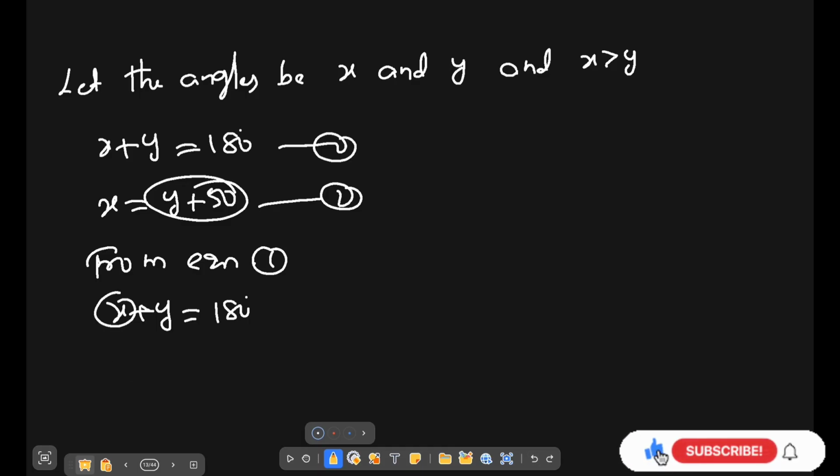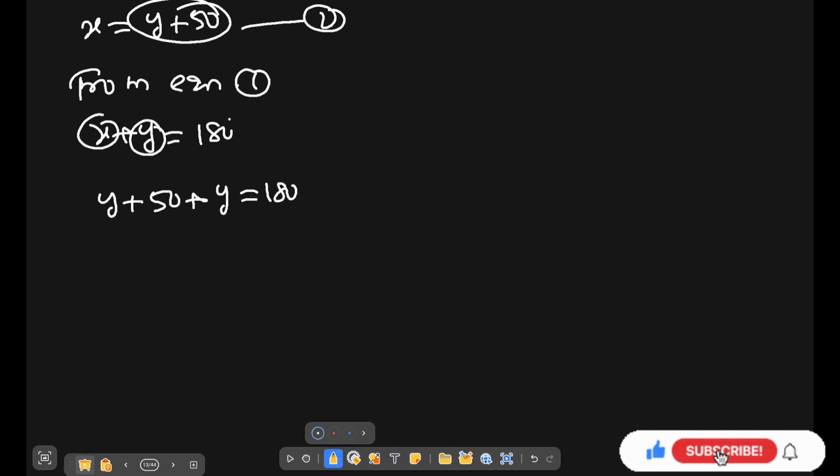So 50 plus y plus y equals 180. y plus y is 2y, so 2y plus 50 equals 180.